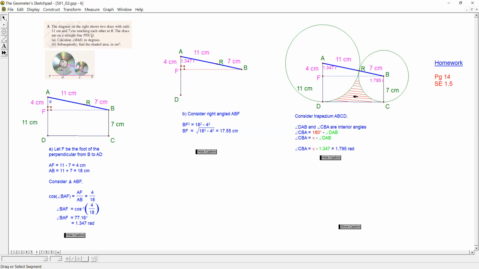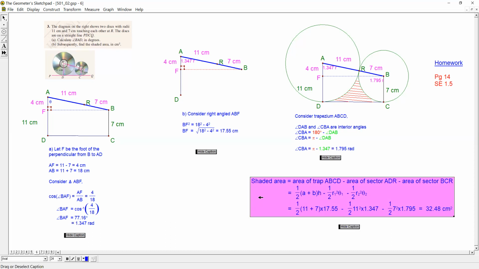Now how to do it? Shaded area is the area of trapezium ABCD minus sector ADR minus sector BCR. ADR is the big sector. BCR is the smaller sector here.